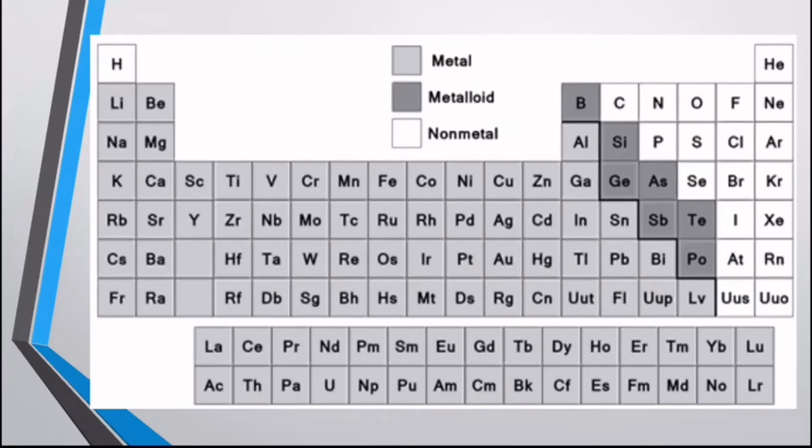As you can see on the left hand side, the topmost element is hydrogen and it is a non-metal, that's why it is represented by white color. So these three categories are differentiated by three different shadings of color, that is metal, metalloid, and non-metal.